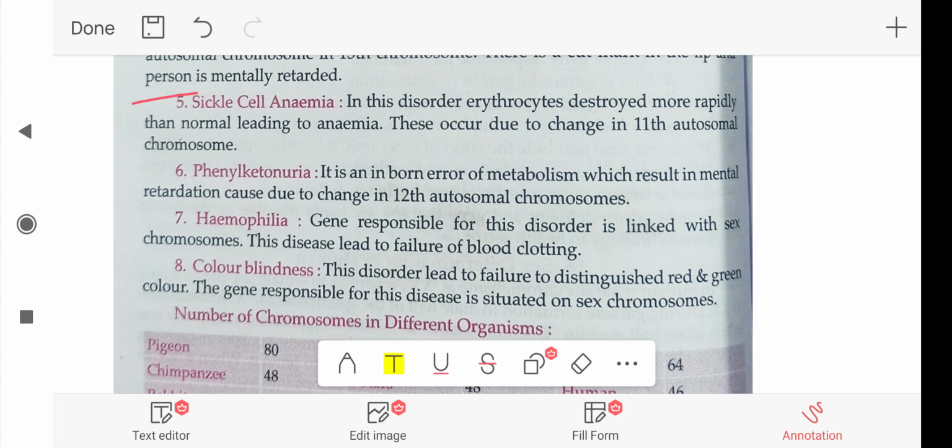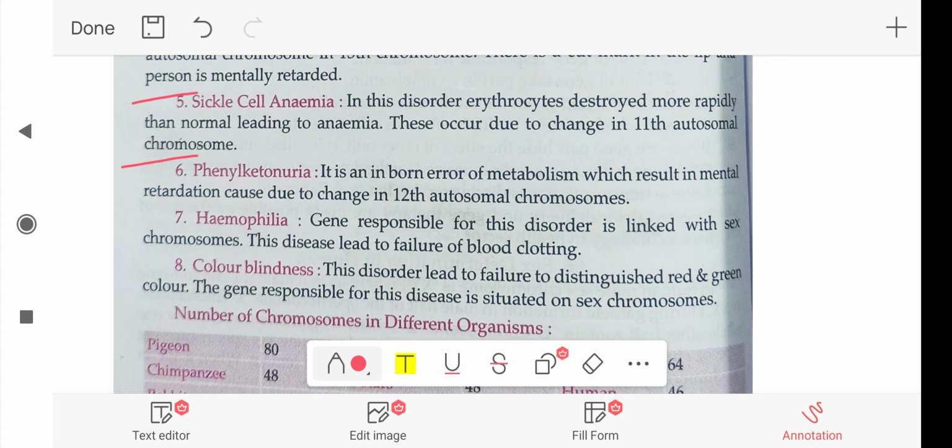Now let's see phenylketonuria. It is an inborn error of metabolism which results in mental retardation, caused due to change in the 12th autosomal chromosome. Next is hemophilia.